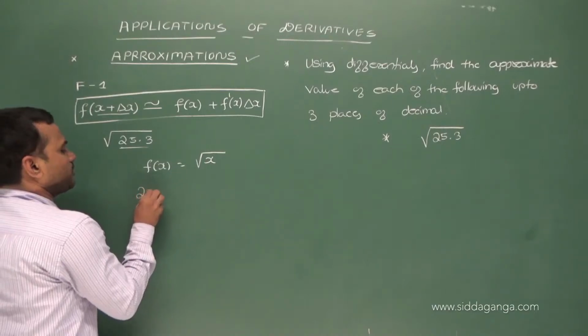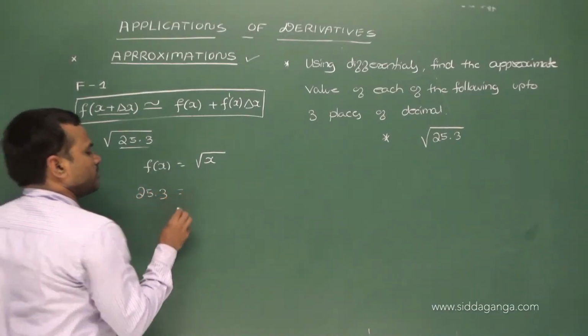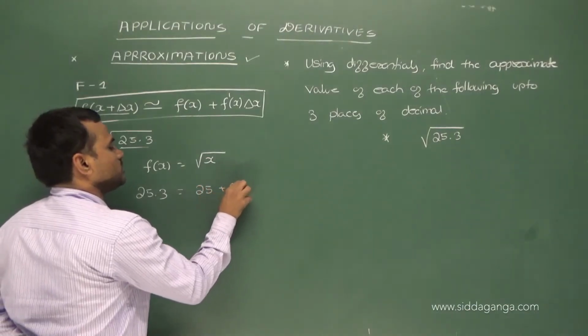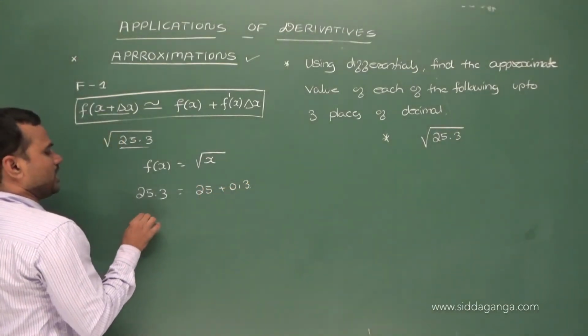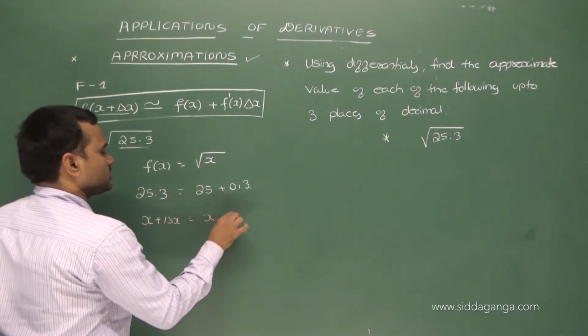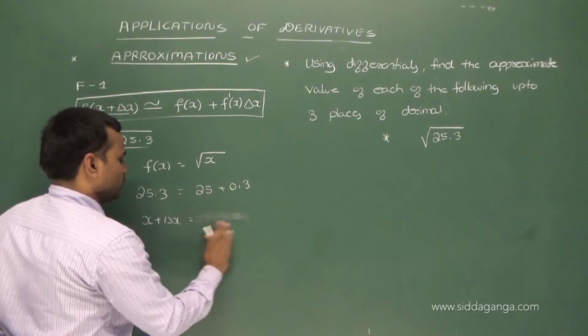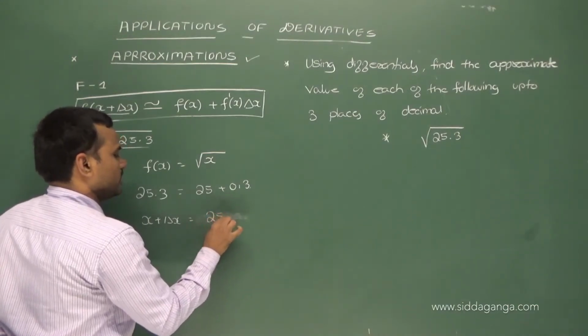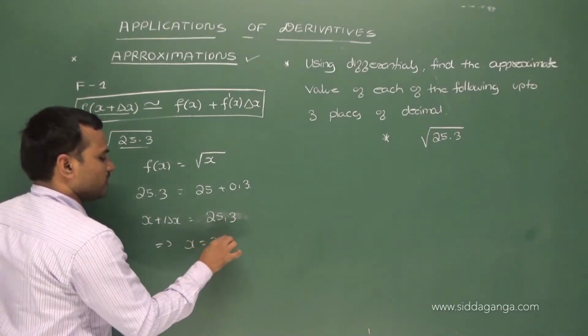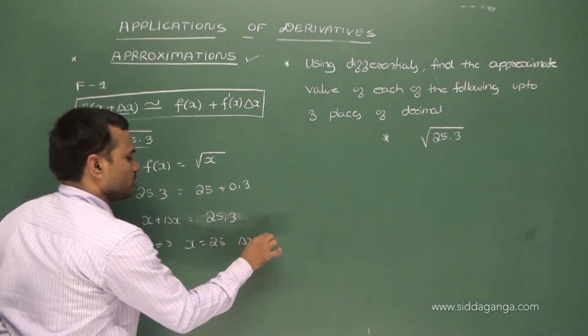25.3 is equal to 25 plus 0.3. X plus delta x is equal to 25.3. That implies x is equal to 25, delta x is equal to 0.3.